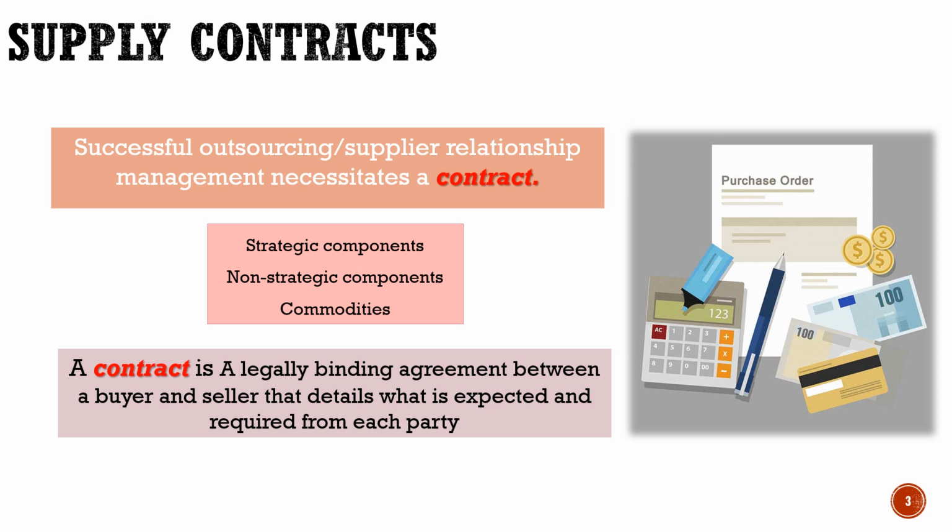There are different types of contracts for different types of components. Talking about strategic components, in these cases an effective supply contract that coordinates the supply chain is required. Normally for a strategic component, a long-term collaborative relationship is expected, while a different approach might be applied for a non-strategic component.